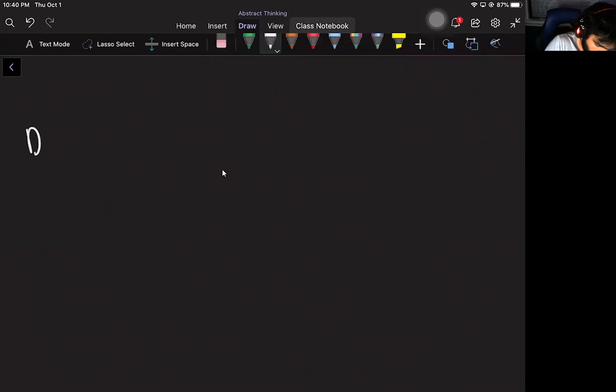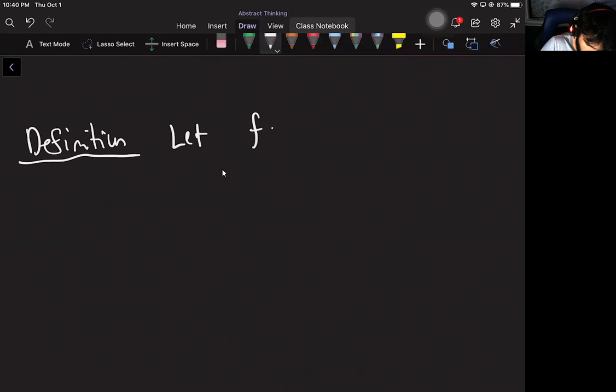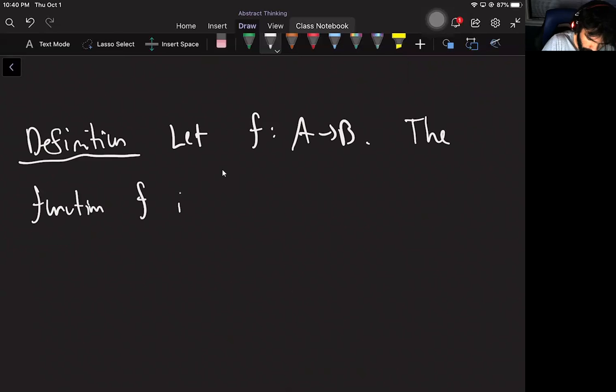So let's move on to the next definition. This one's a little bit easier to get a handle on, I think. All right, so let f be another function. Again, this is a property about a function. So the function f is called surjective. It's not exactly the opposite of injective, but they are dual to each other.